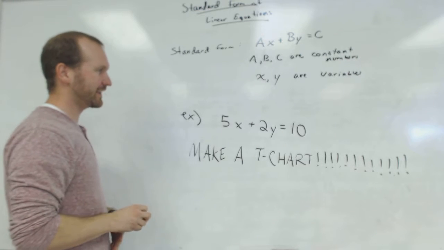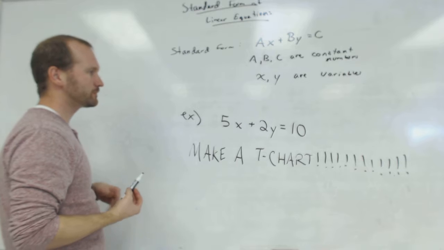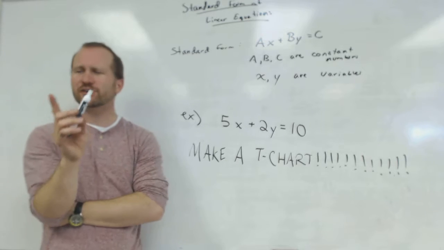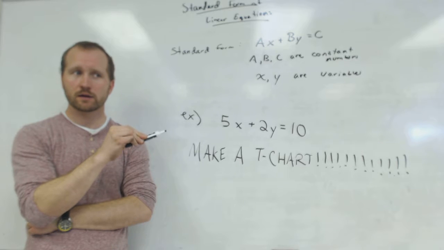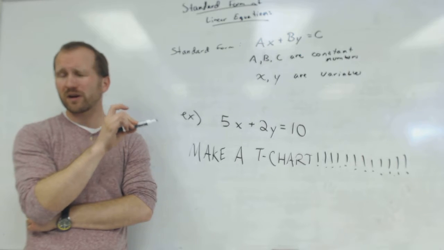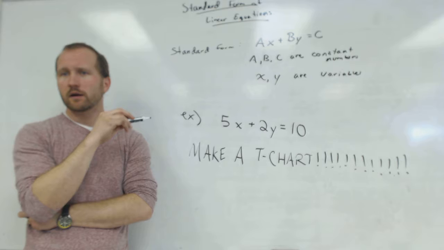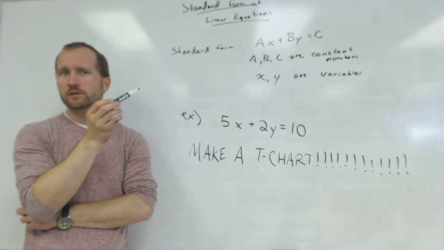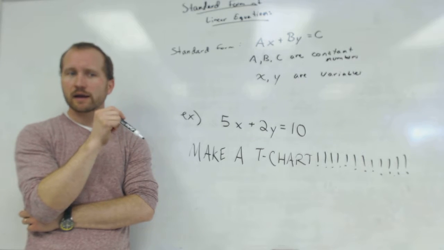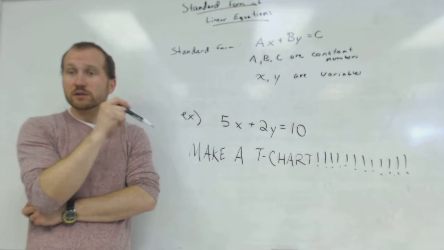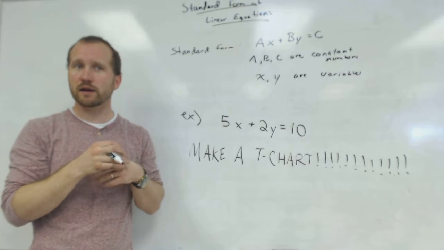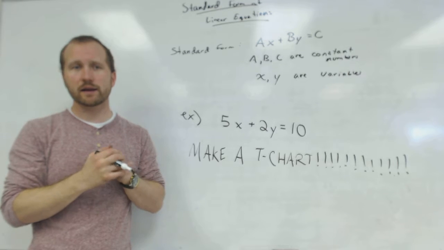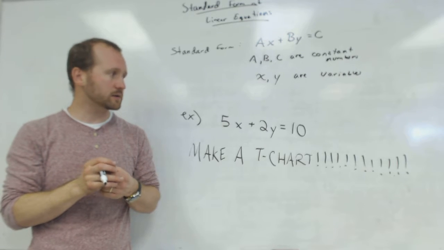Make a t-chart. Yeah. Okay? There is a trick a lot of times to making a t-chart. If your y-intercept and x-intercept are whole numbers, which for all the equations that we're going to do right now, they will be. It's totally possible for them to be fractions. You could get fractions, but we're not going to do that today. We're not going to get any fractions for our x and y intercepts.